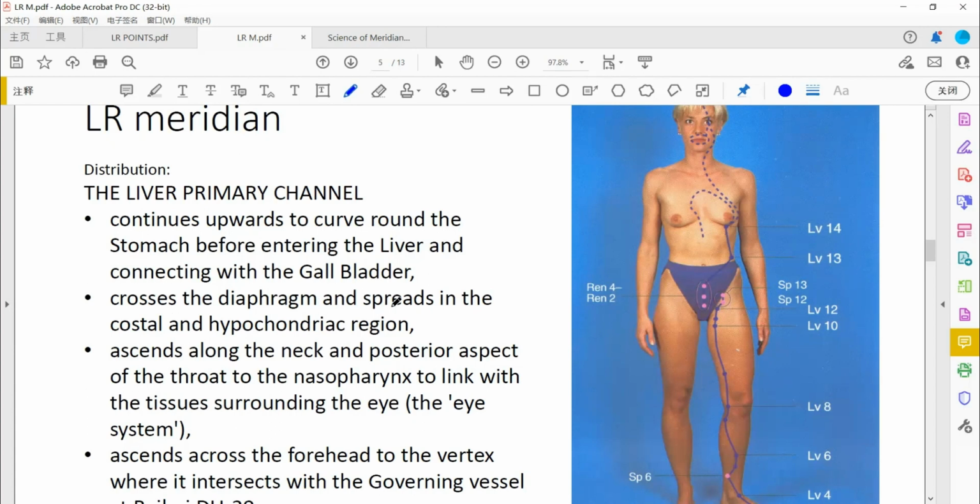It crosses the diaphragm and spreads in the costal and hypochondriac region. Hypochondriac is on the side, like this area.